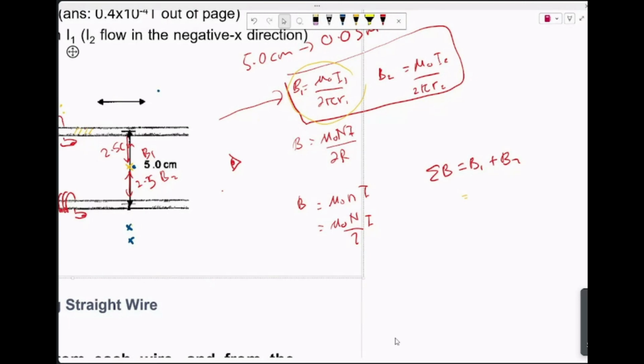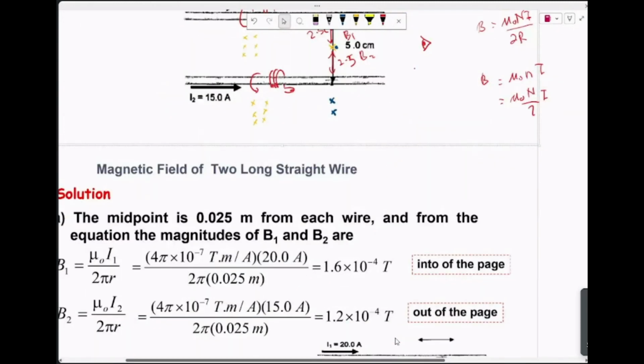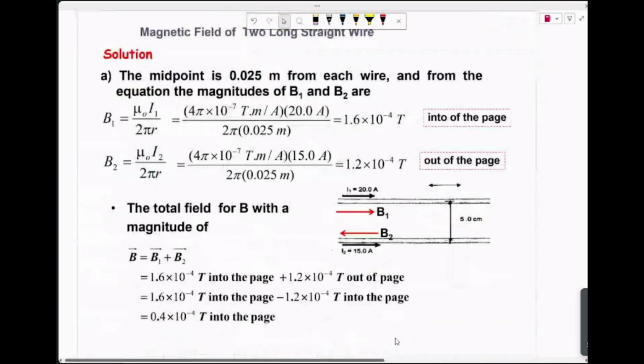But the most important part is that when you do the resultant or the summation of the total magnetic field at that particular point midway between the two wires, you need to include the direction, whether it's into the page or out of the page, whereby out of the page, referring to the dot, will become positive, and into the page, referring to the X mark, will be the negative value. Okay, so that's what all this shows you.